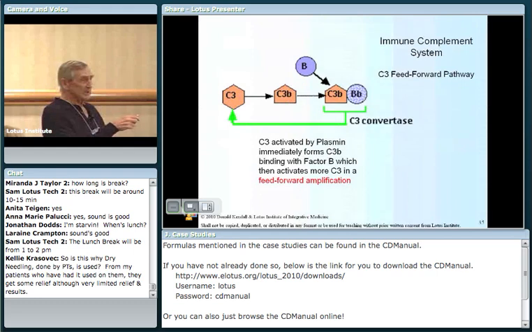There's no antibody, there's no antigen. It's just tissue damage that triggers it. No one figured that tissue damage could do anything, because they were always thinking about this pathway. This is what Sir Lewis discovered.